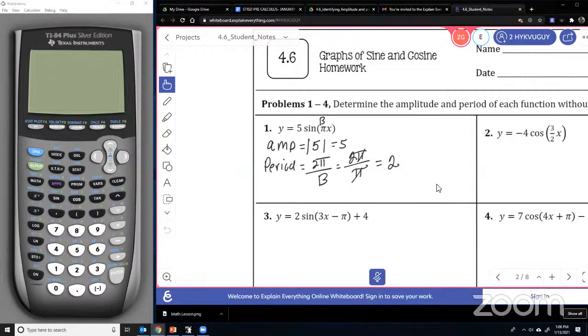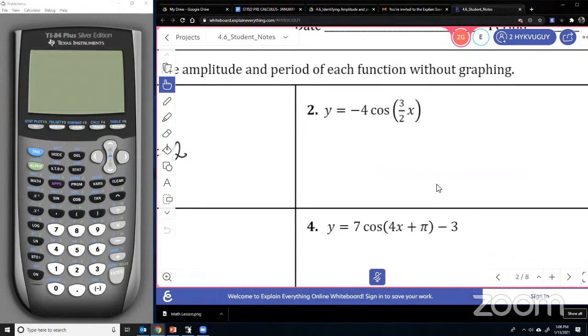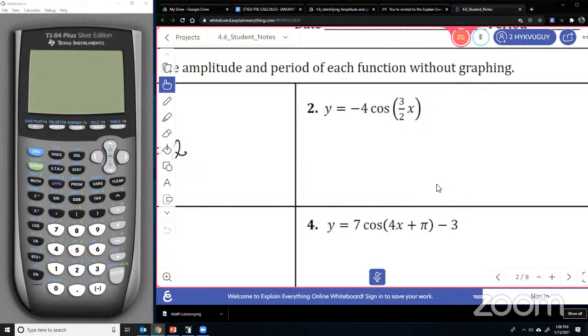Number 2. Let's go ahead and do number 2. A review again. We said to find the amplitude, it's the number that's in front of cosine. In this case, it's -4. So the amplitude is 4. The period, and this is review of what we did last time, is 2 pi over b.